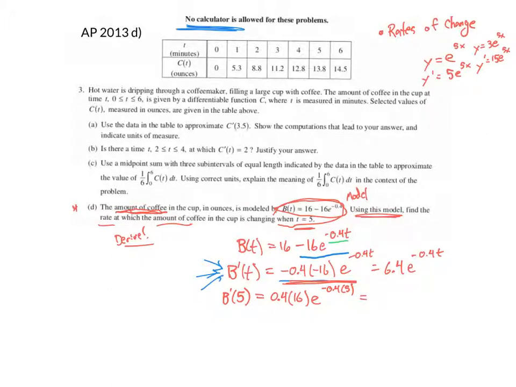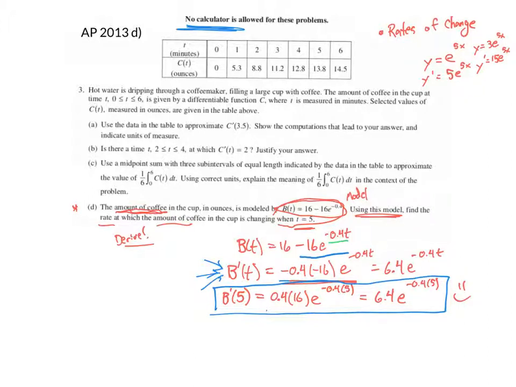And if you're using the simplified version, 6.4e to the negative 0.4 times 5. And again, you do not need to simplify anything, so you can box up whichever one you're using, and then you are good. The entire difficulty of this problem happens to be just finding the derivative by hand, because this is a no calculator problem.